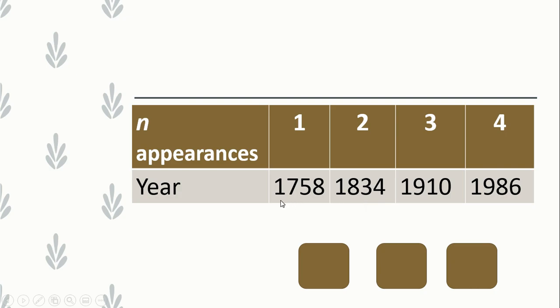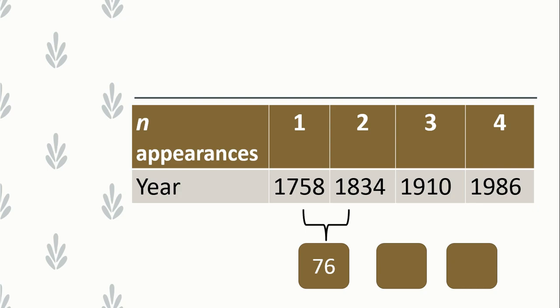The previous term is 1758. So we need to solve for the difference of these two terms. 1834 subtracted by 1758 is 76. So the difference of the first two consecutive terms is 76.